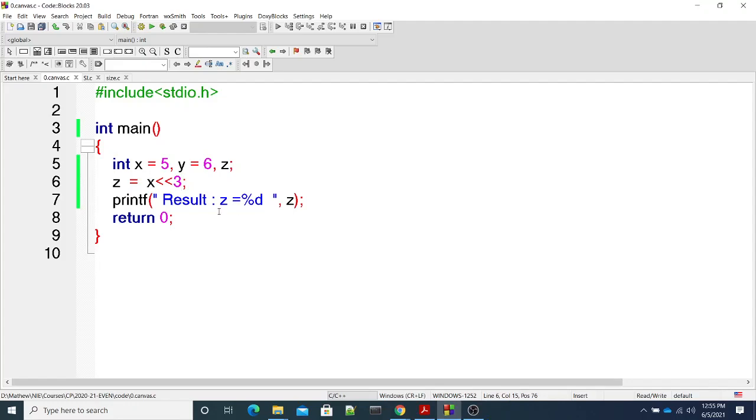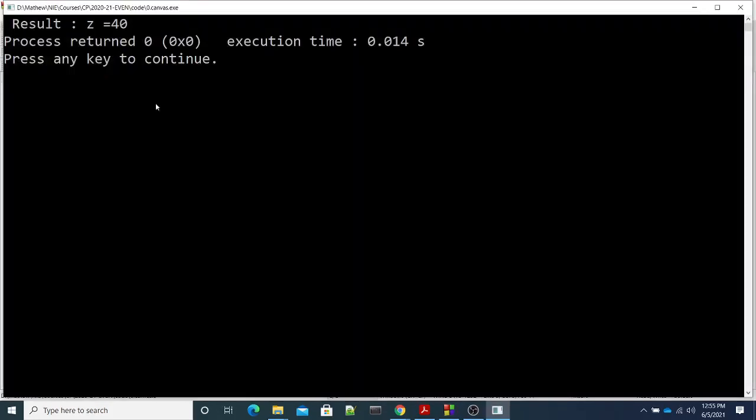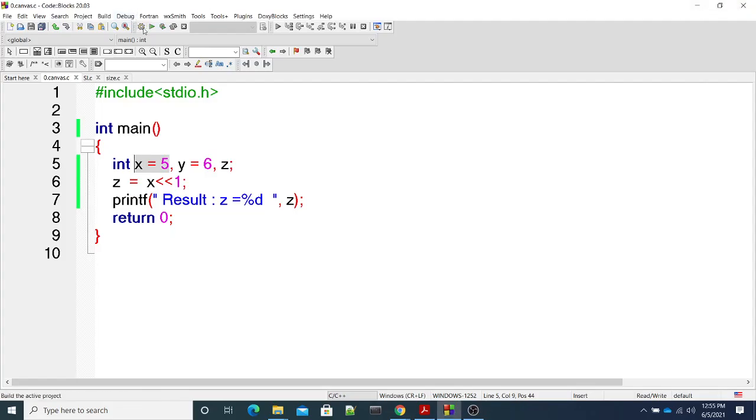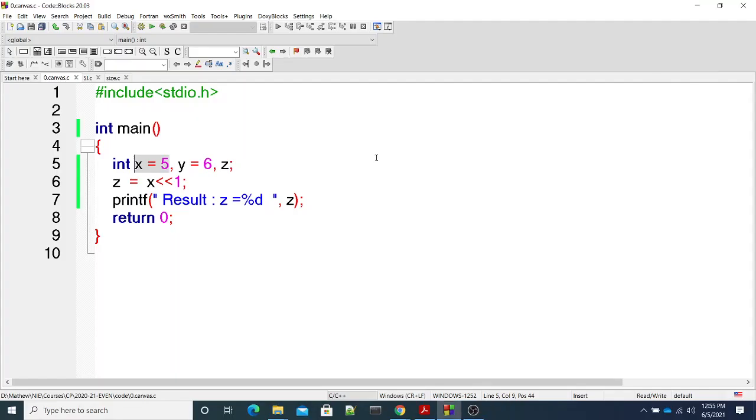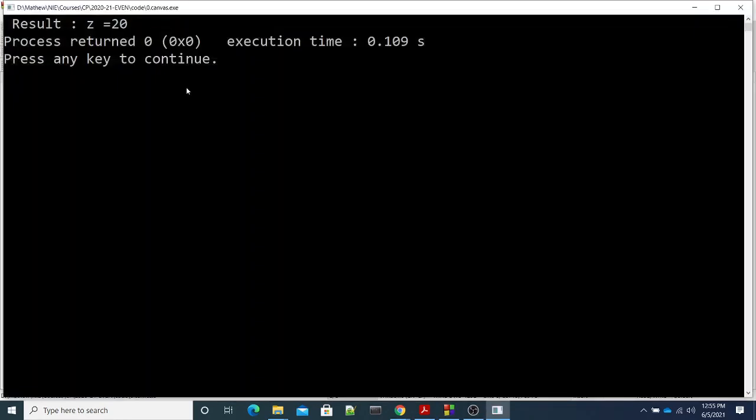So when I shift towards left, I am finding a pattern here. When the original value is 5 and shifting towards left by 1 position, it is doubled. 5 became 10. When I am shifting towards left by 2 positions, I get 20.